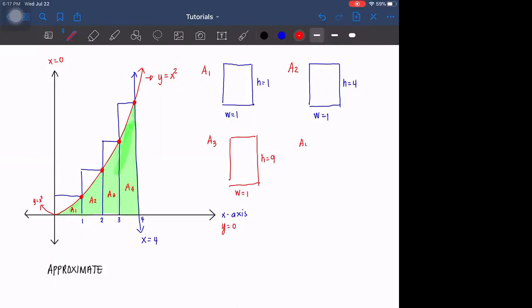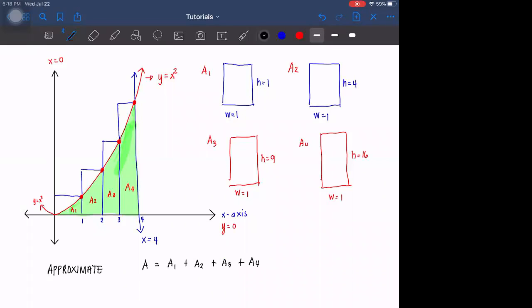Okay, area 4. What is the width of area 4? It's also 1. What is the height of area 4? 16. So therefore, the area approximately is equal to area 1 plus area 2 plus area 3 plus area 4.